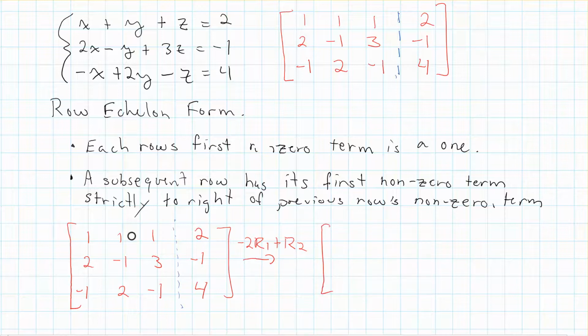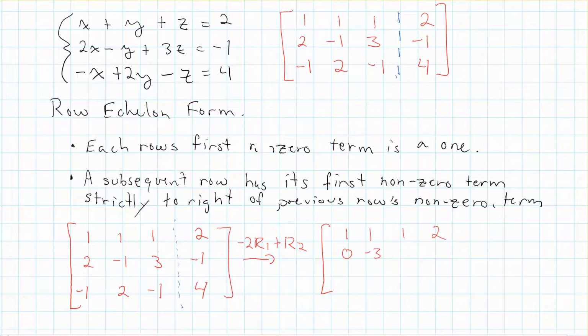Now the first row doesn't change, so I've got 1, 1, 1, 2. And then I'd have negative 2 times 1 plus 2. That's 0. Now we do write the zeros down. Negative 2 times 1 plus negative 1, negative 3.